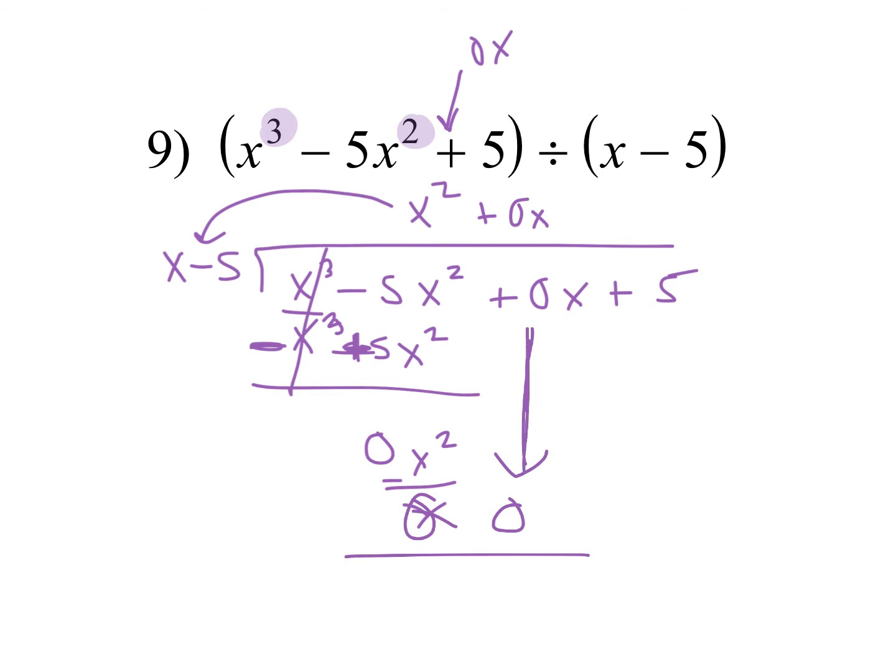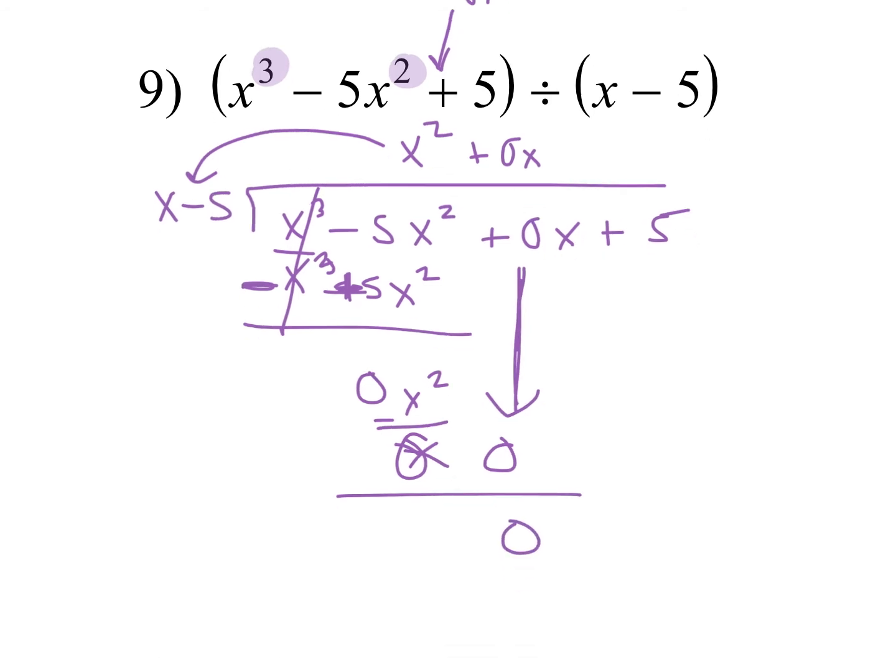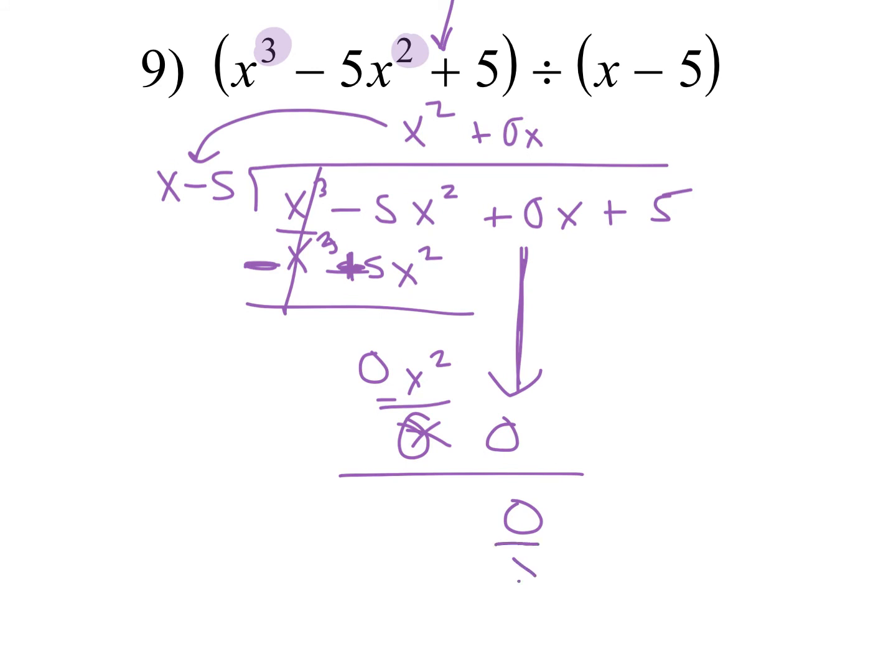Okay, what's 0 plus 0? 0. And then back from the top, we divide. What's 0 divided by x? Just 0. Then we multiply. 0 times x is just 0. And 0 times negative 5 is 0.